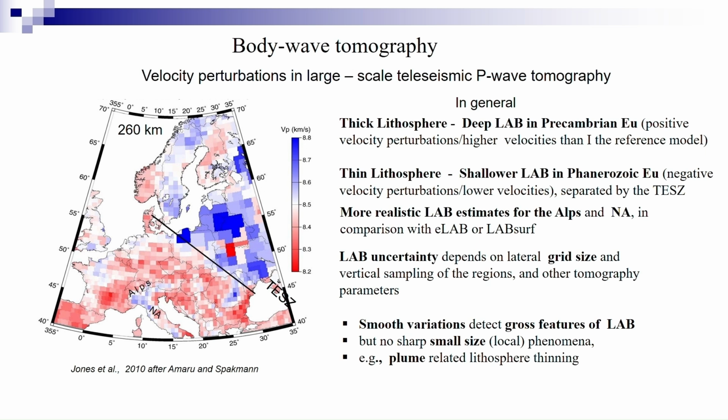The model gives more realistic LAB estimates for the Alps and Northern Apennines in comparison with electric LAB or LAB from surface wave velocities. Smooth variations detect gross features of LAB, but no sharp changes or small-size local phenomena, for example, plume-related lithosphere thinning.